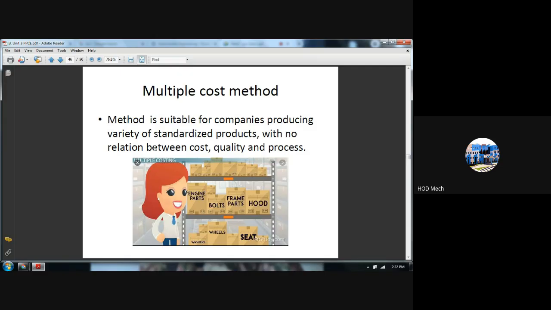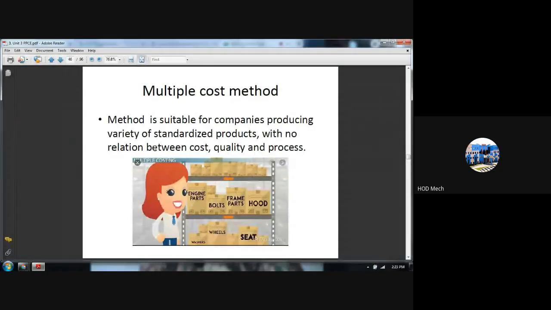But when you talk about multiple costing, the same industry will be manufacturing different types of components. For example, as you see in the slide, there is an image showing a company that manufactures engine parts, various types of bolts, wheels, and washers.